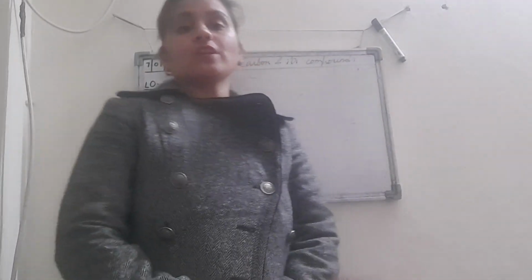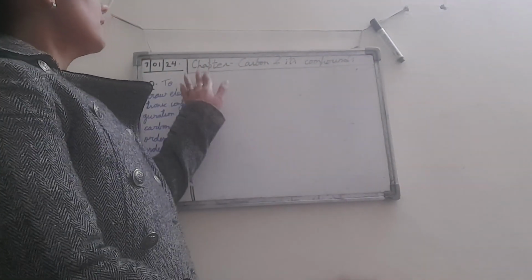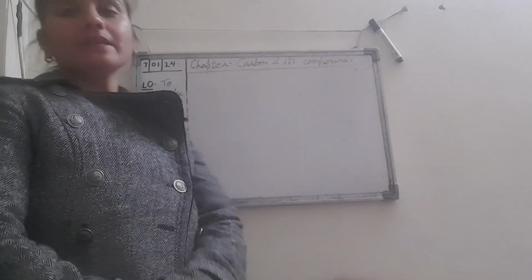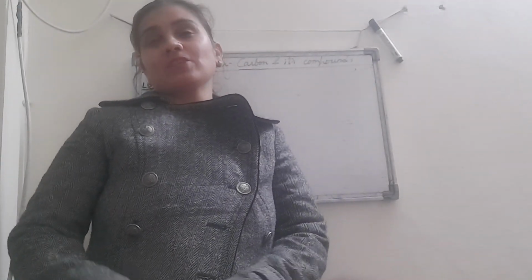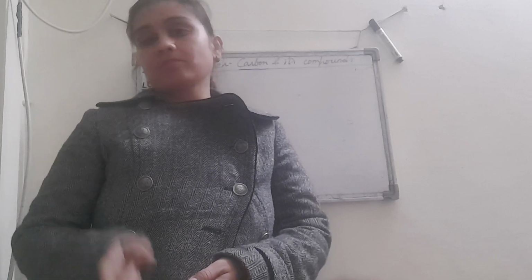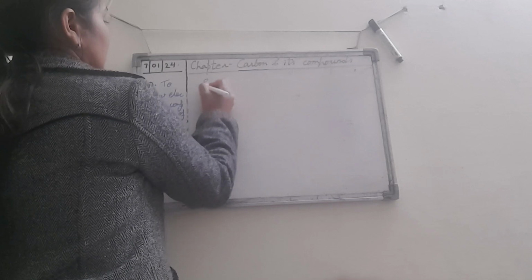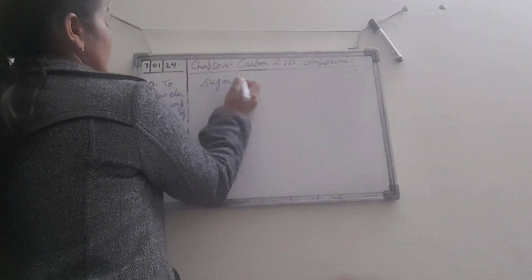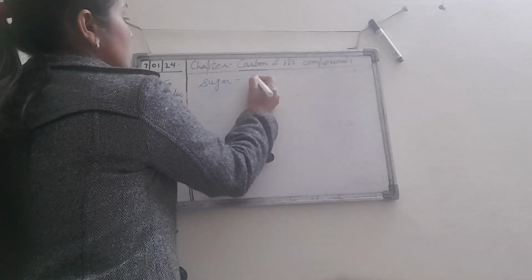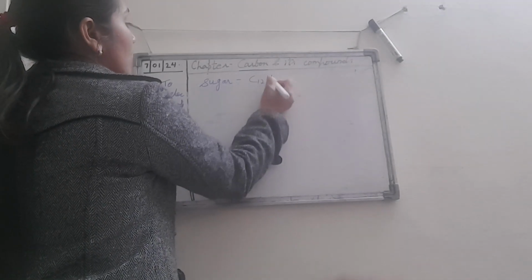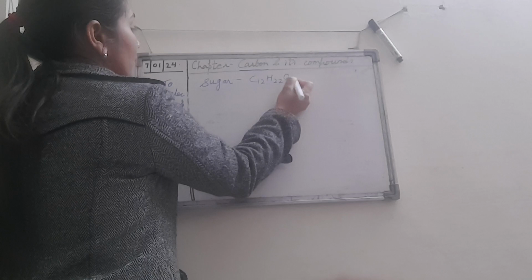The topic which we are going to cover today is the chapter carbon and its compounds. Let us talk about the carbon. Carbon is present everywhere. So, if we say the sugar, we usually take that sugar also contains carbon. That is, the formula is C12H22O11.